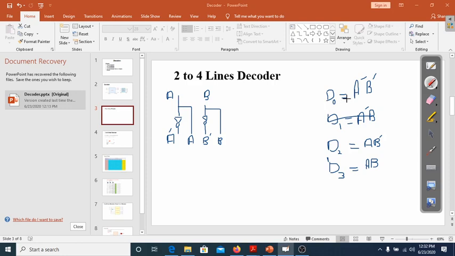So D naught is equal to A prime B prime, so I need to use four AND gates corresponding to 4 outputs. This is for D naught. Another AND gate. This is D1.